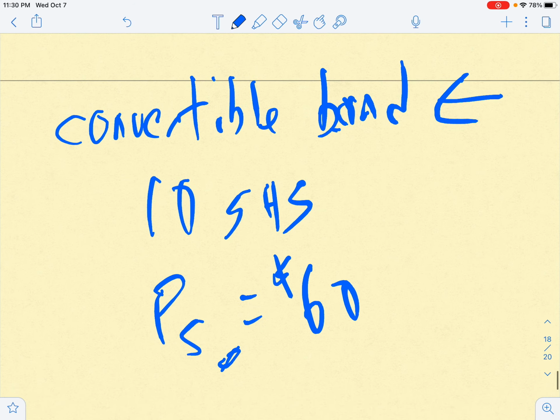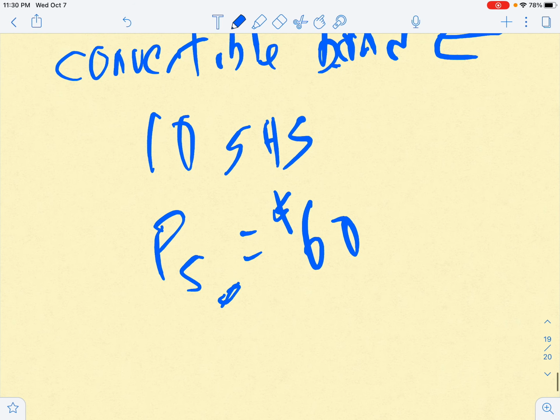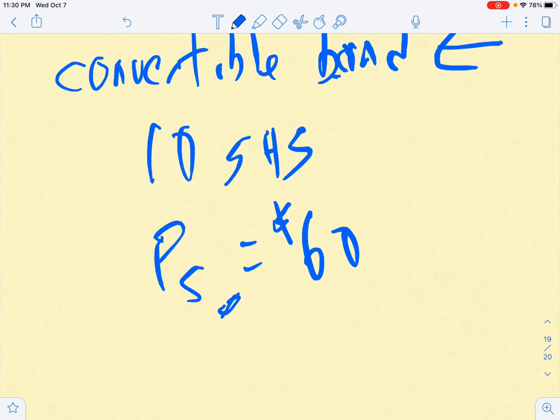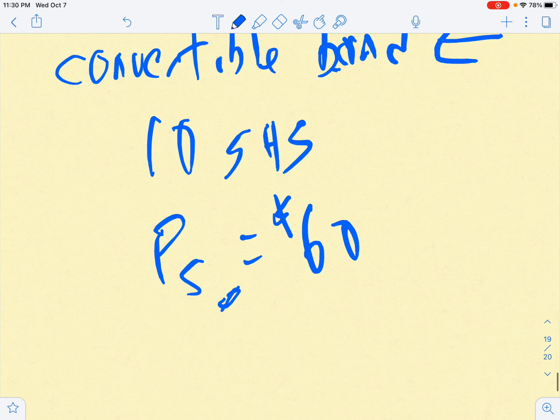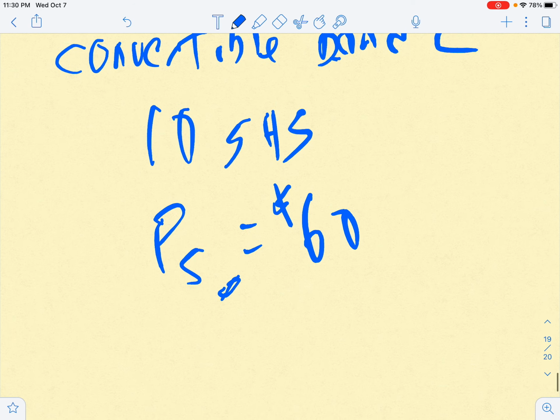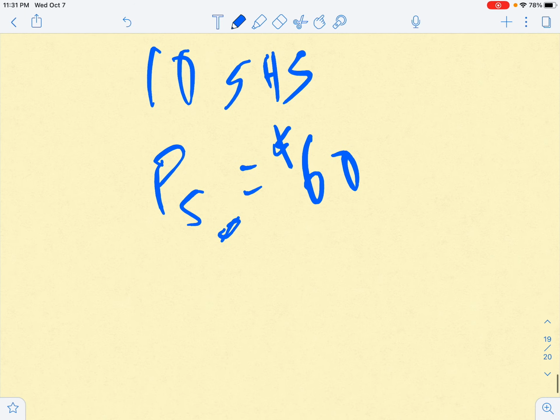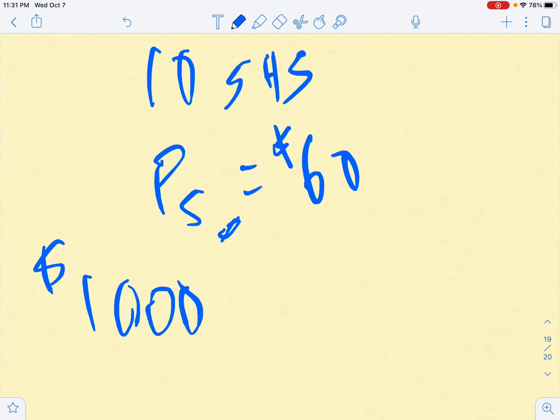And this bond that can be converted into 10 shares, let's just say the bond has a price of $1,000, is such that no one would rationally pay $1,000 if the intent was just to immediately convert the bond into stock shares. No one would buy this bond. Rather, they just go out and buy the 10 shares at $60 each and spend $600, instead of spending, we'll assume $1,000, bond priced at par, to buy the bond.